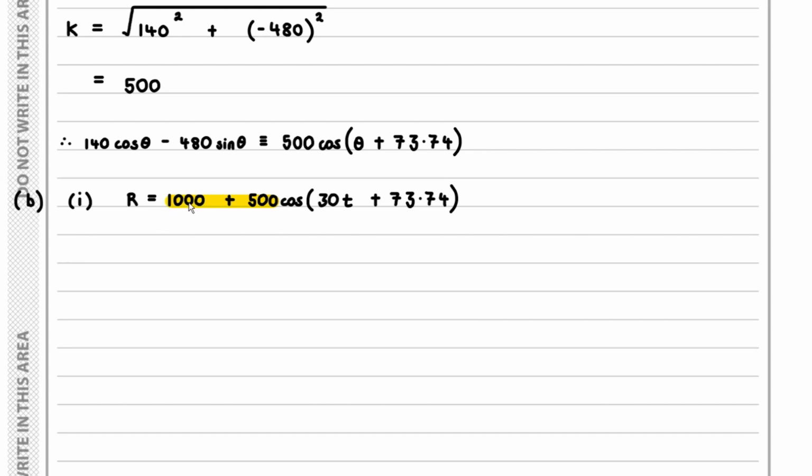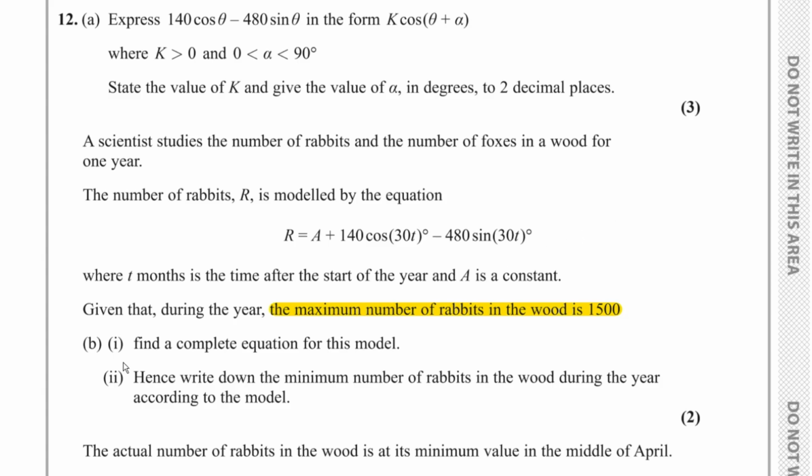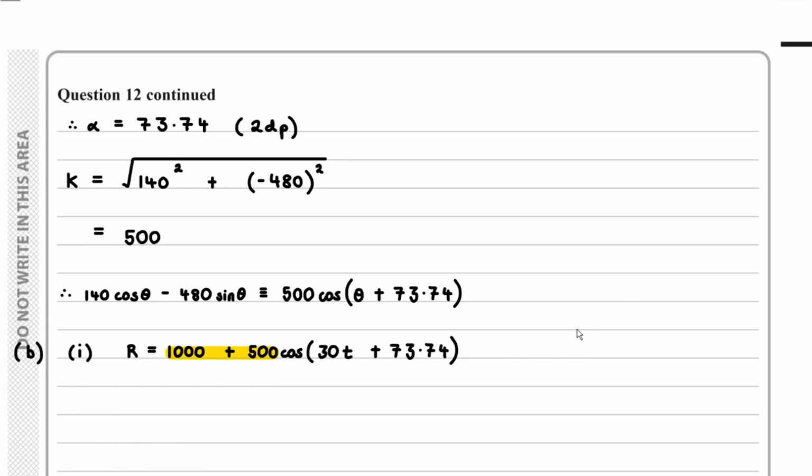So adding together the 1000 and the 500 from the equation we found in part A gives us this 1500, and this ensures it's in the form given to us in the question. For the second part of part B, hence write down the minimum number of rabbits in the wood during the year according to the model. Well, quite simply, the minimum value of r is 500.